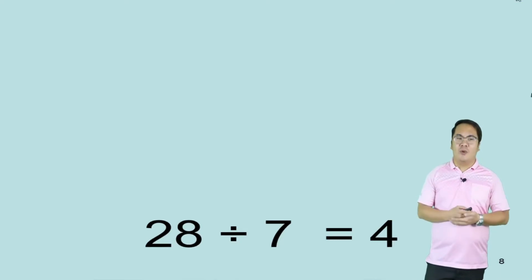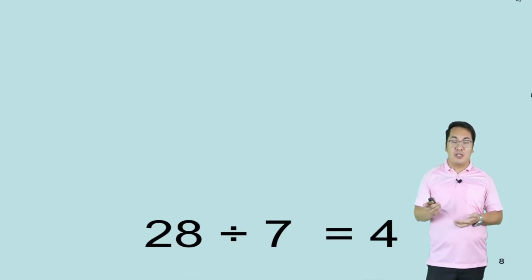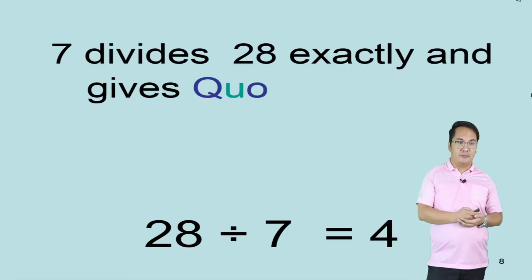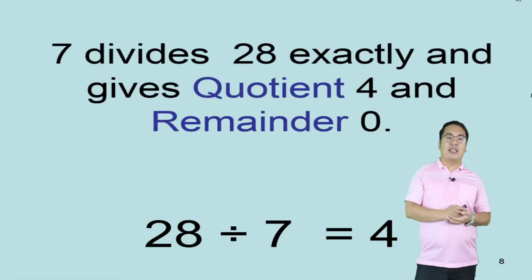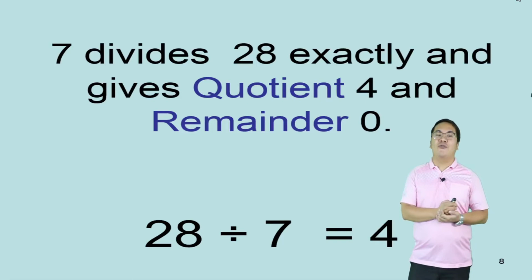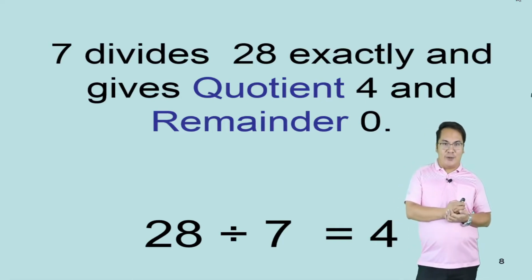How about in this one? 28 divided by 7 is equivalent to 4. 7 divides 28 exactly and gives the quotient of 4 and remainder 0.